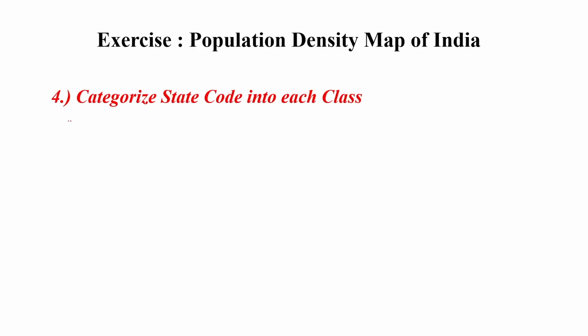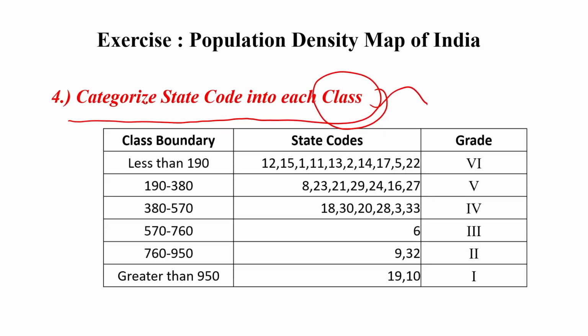So, the categorization of the states into each class. Now, 6 classes, I know what is the interval that I should look for, and then I will do the categorization. When you see this particular table, you will see that you have 6 class boundaries, 1, 2, 3, 4, 5 and 6.